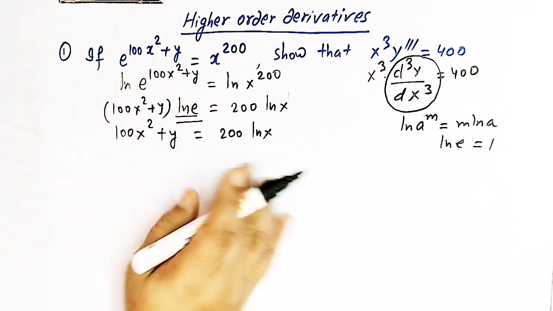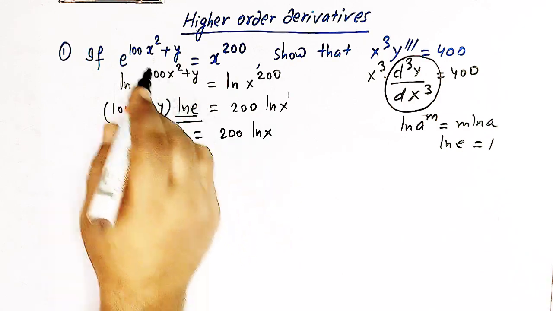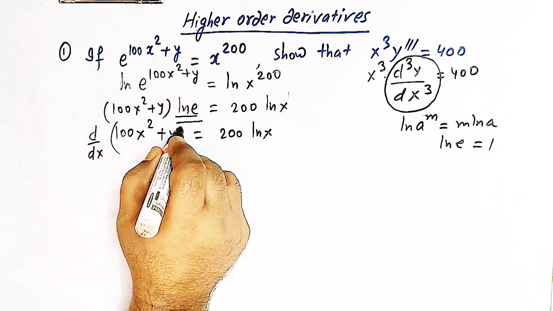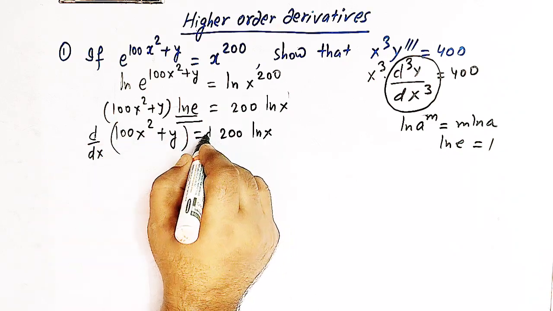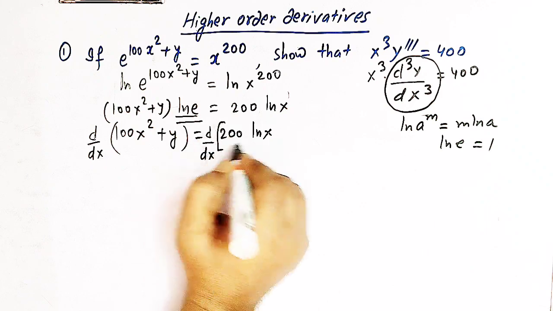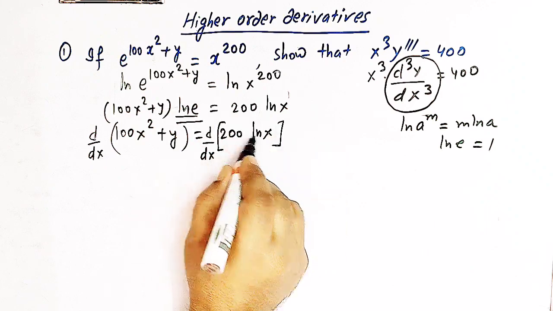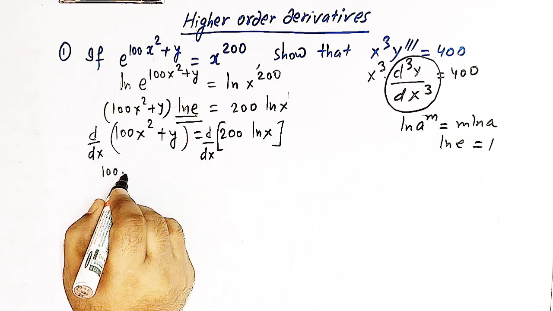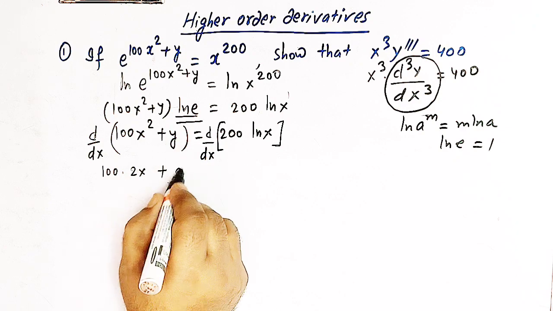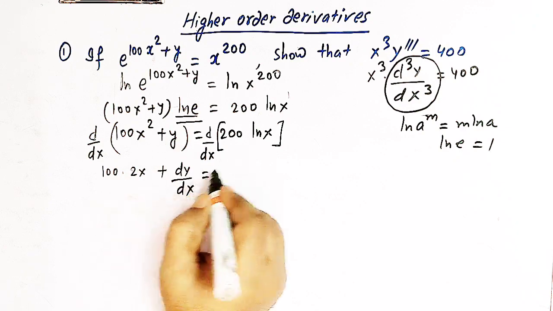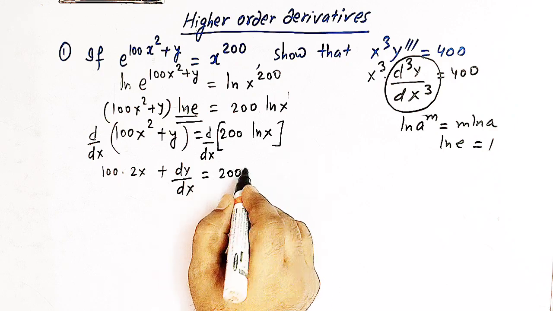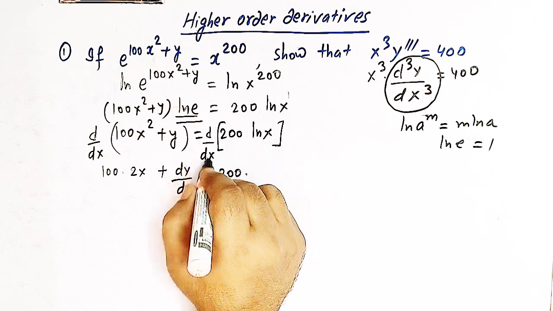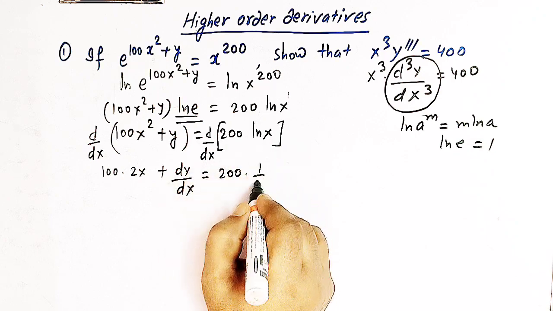Now let us differentiate both sides with respect to x. So we can write d by dx of 100x square plus y is equal to d by dx of 200 times log of x. The derivative of x square is 2x, and here we have dy over dx, and 200 is a constant, and the derivative of log of x is 1 over x.